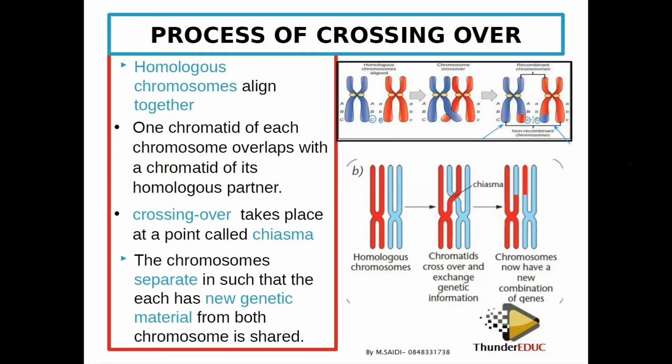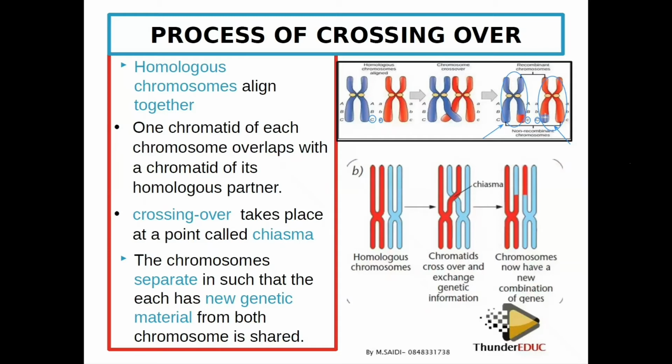So each chromosome carries its own information and also the other's information. If this one was from the father and this one was from the mother, each now has a portion from the other parent.